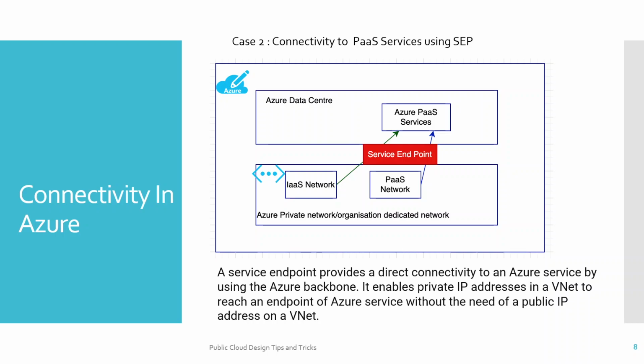So what it does, it enables the private IP address of a virtual network or the private network to reach an endpoint of Azure managed services, without mentioning the public IP of the managed services. So it always uses a service tag to identify what kind of services the private network wants to use. So that is how it works.